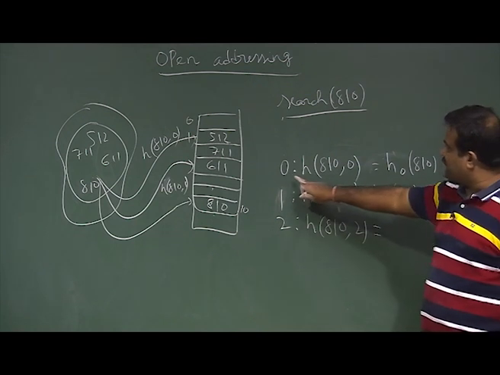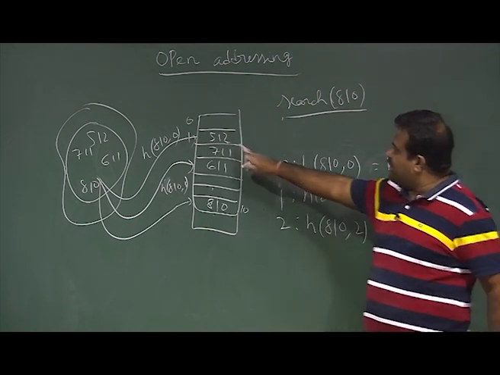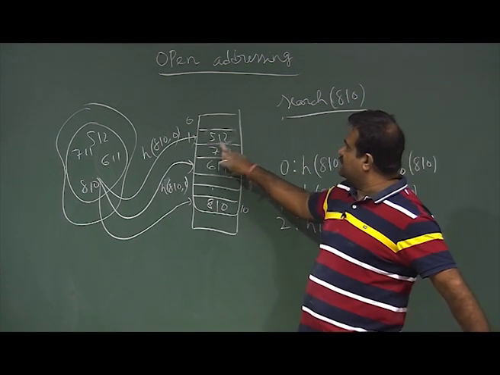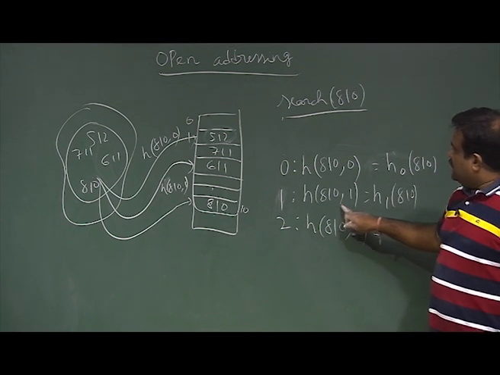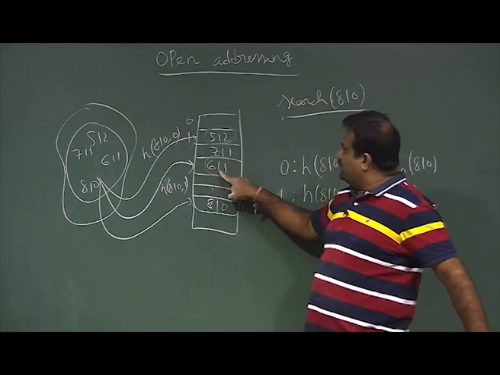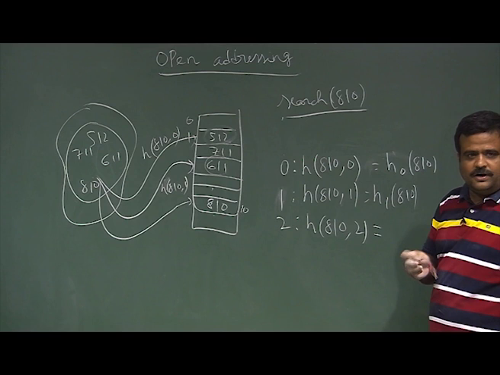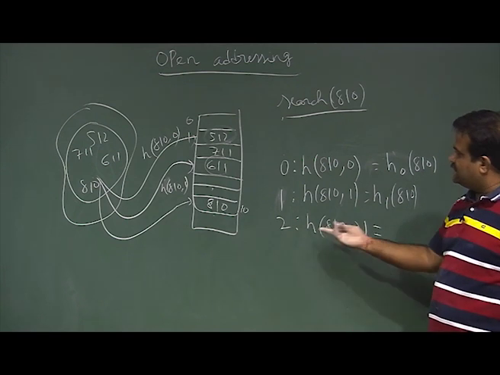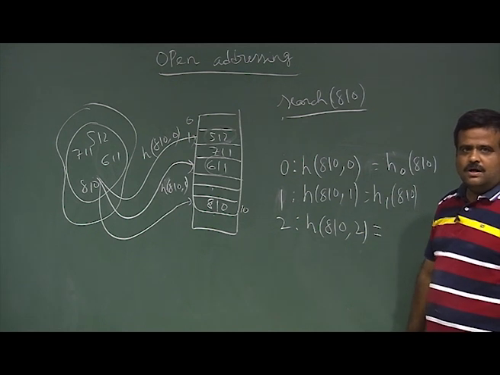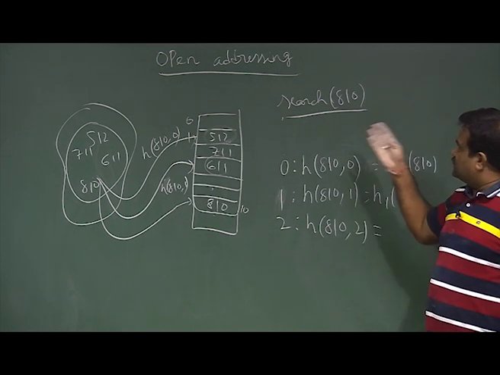We first apply the 0th probe. It will hit here. We see whether this value is 810 or not. It is not, so we go for the next probe. Then we hit here, and we see whether this is 810 or not. It is not. Then we go for the next probe. Then we see it is 810. So, we got the value. Okay. So, this is the way we search.